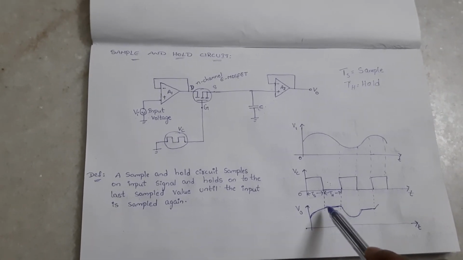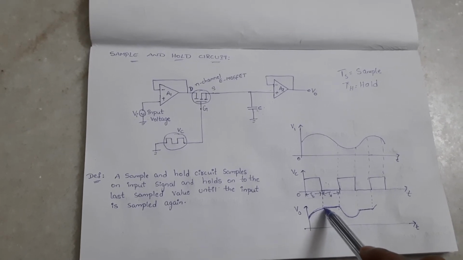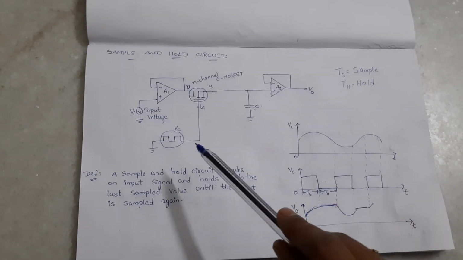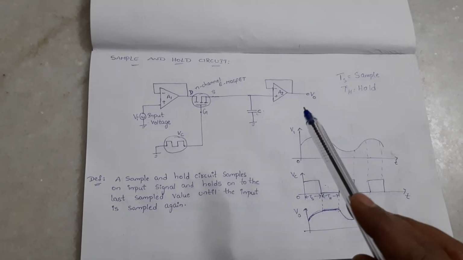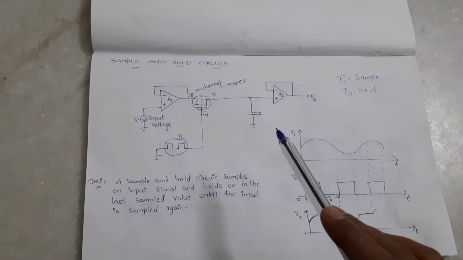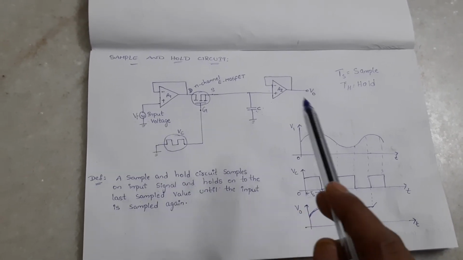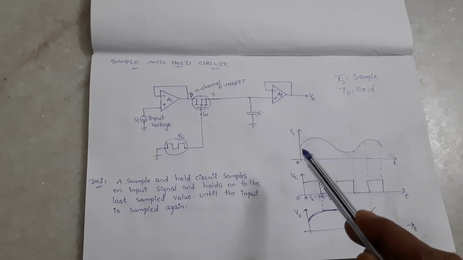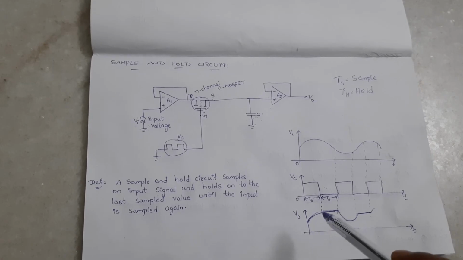During the sampling time it is going to charge, and during the hold time it is again constant. Again whenever the control voltage is 1, the capacitor is charging, and the capacitor voltage is nothing but the input voltage. See here, during one period the input is increasing.